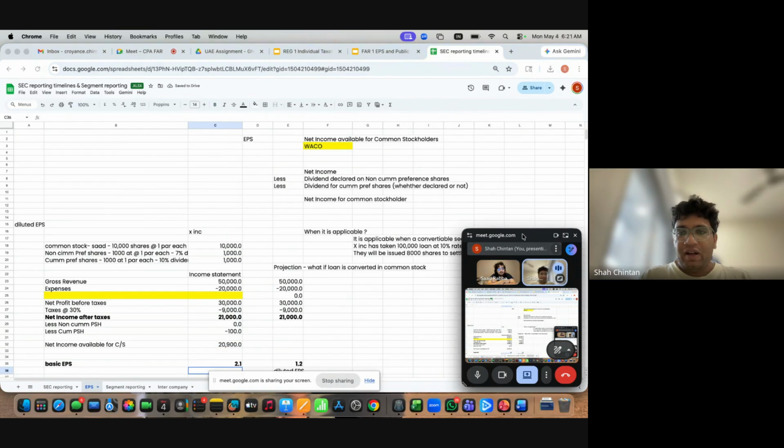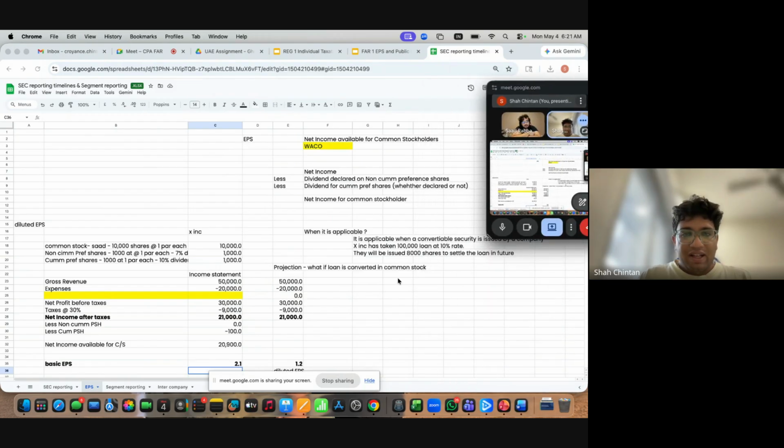Now let's say a question says that each non-cumulative preference share will be converted in the ratio of 1:1, and each cumulative preference share will be converted in the ratio of 1:2.